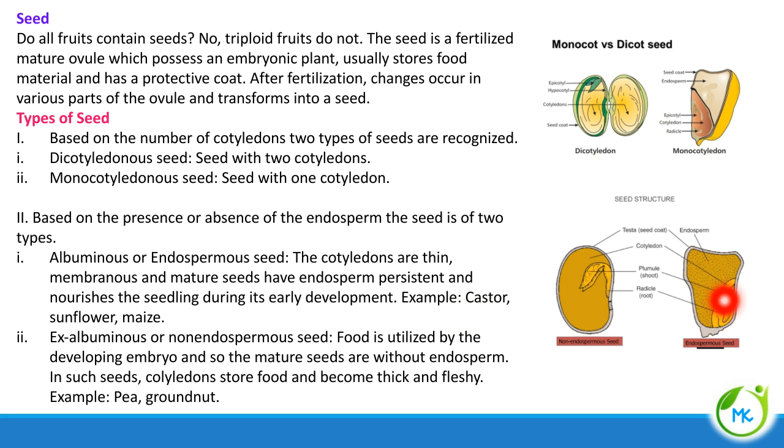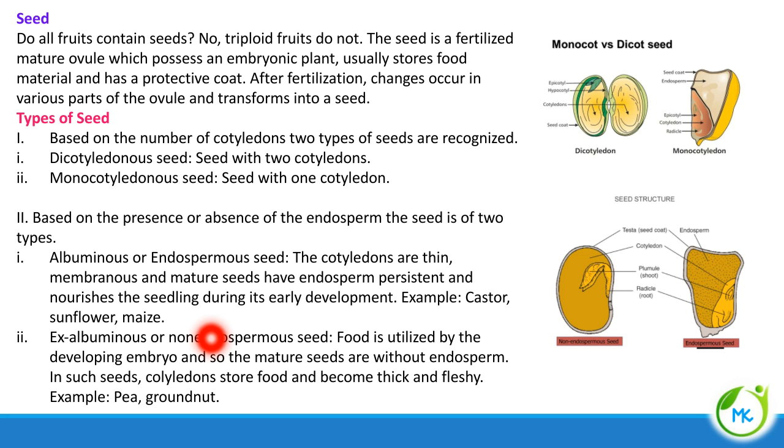Here you could see the endosperm. This endosperm is giving the nourishment for the seedling during its early development. Whereas, in case of ex-albuminous or non-endospermous seed, the nutrition contained in the seed will be utilized by the developing embryo. When it is developing itself, the embryo is utilizing all the food.